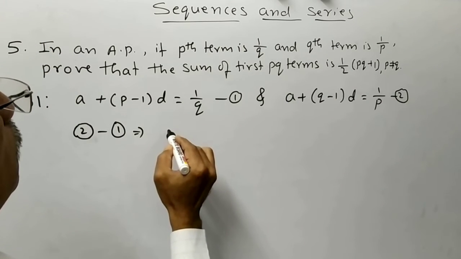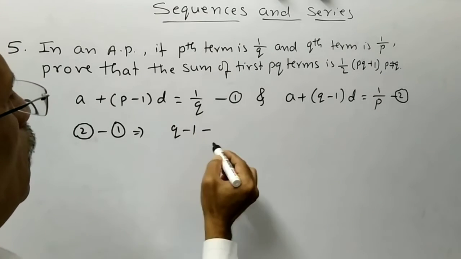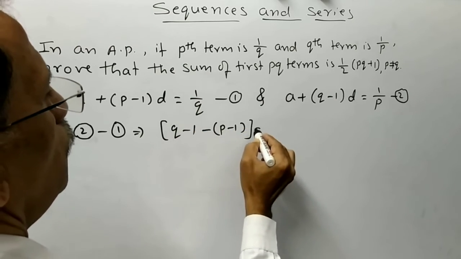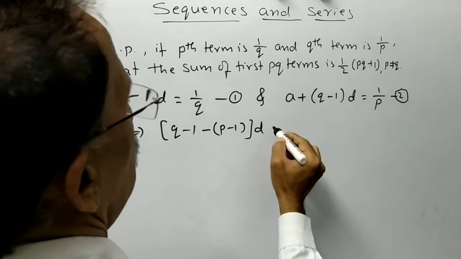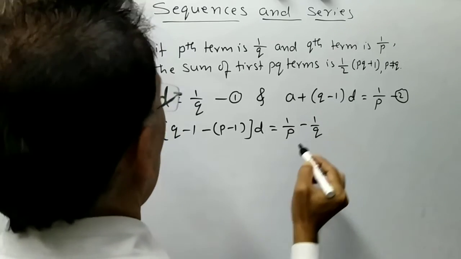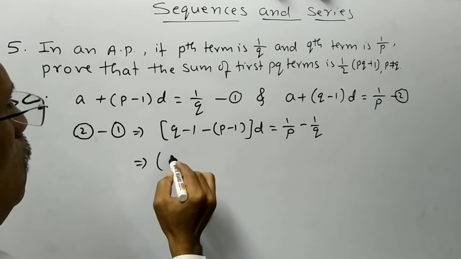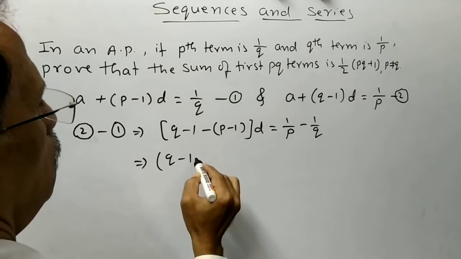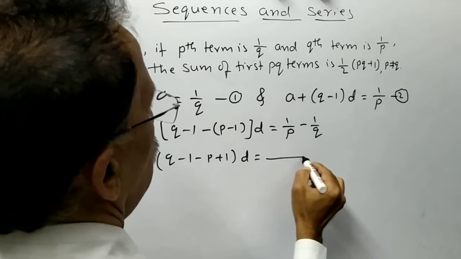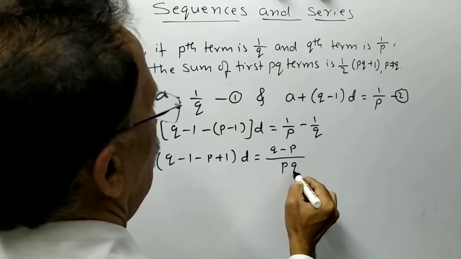So then you will get q minus 1 minus, in bracket, p minus 1, into, we can take d common, is equal to 1 by p minus 1 by q, implies q minus 1 minus p plus 1 into d is equal to q minus p divided by pq after taking LCM.